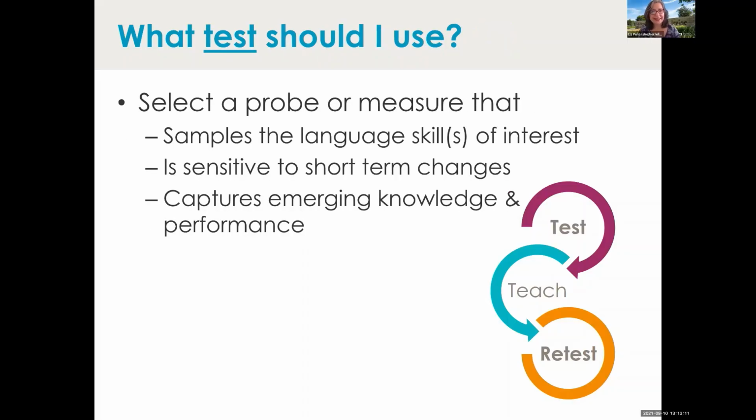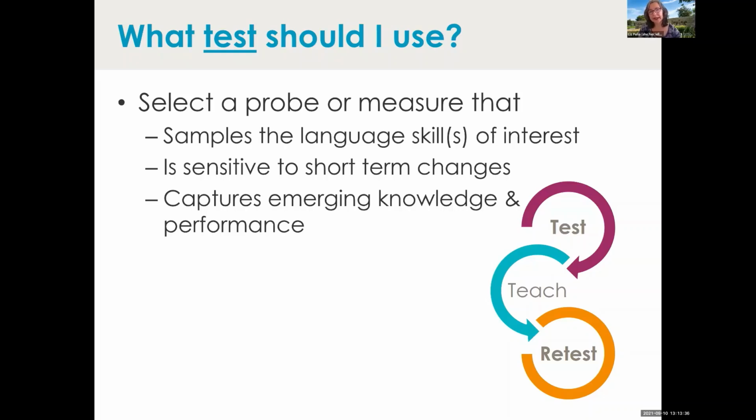In terms of selecting a test, what you want to do is select a probe or a measure that really samples the language skills of interest. We want it to be something that is sensitive to short-term changes. So a lot of examples of a certain kind of item, for example, might be a better way of probing a child's language skill than a broad-based measure.